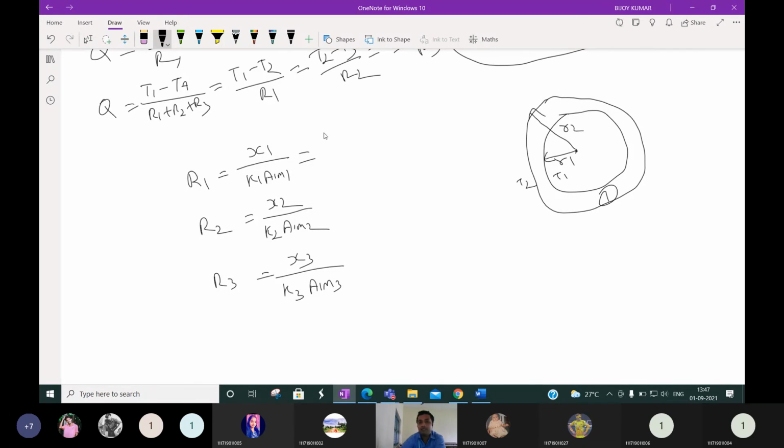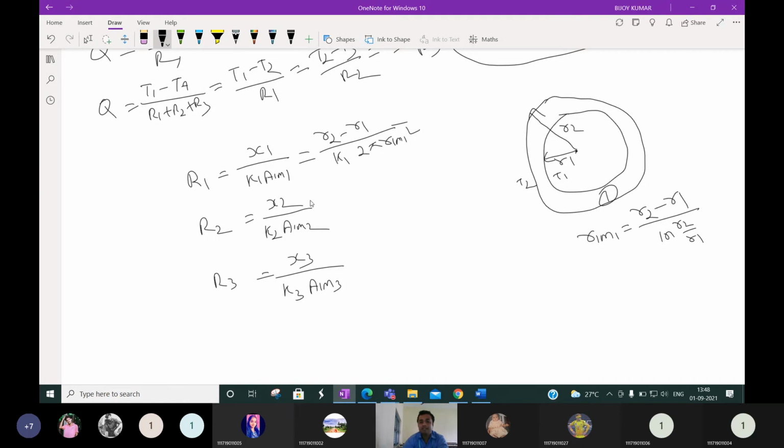Thickness of the first layer will be R2 minus R1, divided by this K1, it is given, into ALM1. ALM1 is nothing but 2 pi RLM1 into L. Then what is RLM1? RLM1 is nothing but the logarithmic mean radius in the first wall. First wall, what are the end radii? R1 and R2. So it will be R2 minus R1 by ln of R2 by R1.